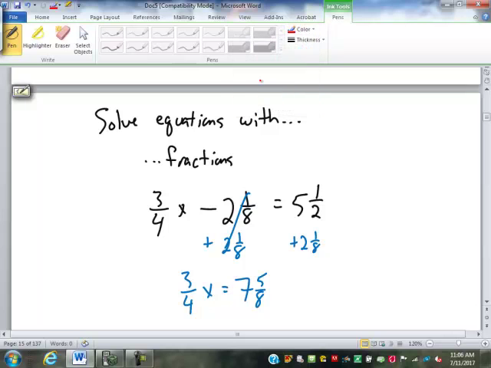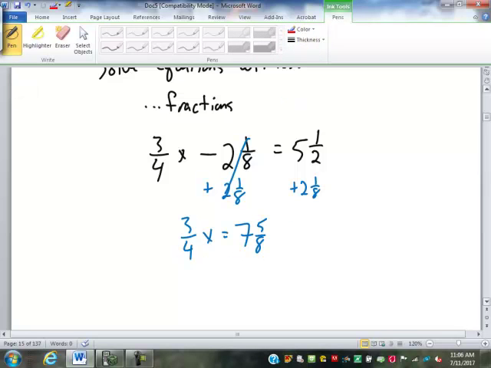And then divide by 3/4, or multiply by 4/3 if that's how you prefer to do it. So x equals 241 over 3?